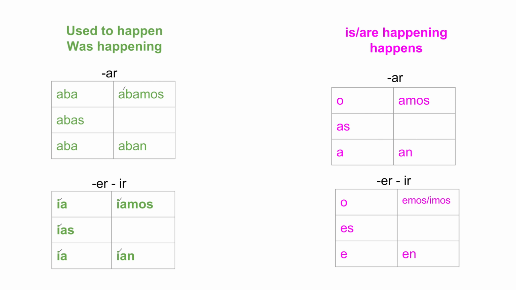Okay, let's talk about how to use these endings. If you have a verb such as cantar, you know how I always teach that cantar, to sing. And you need to say, I sing. Well, you simply drop the AR and add an O. Because I sing, I mean presently, in the current time, I sing.